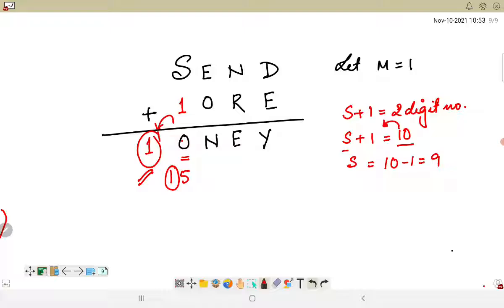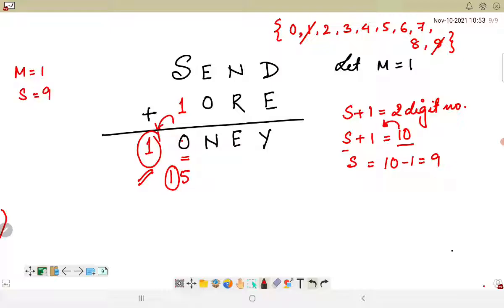Out of this particular constraint that we have to choose from 0, 1, 2, 3, 4, 5, 6, 7, 8 and 9, I have already used up 1 and the others are available for me to use. So I can use the value of S to be 9. Okay, so 9 also goes out from this particular set. So now my final output is M is equal to 1 and S is equal to 9.